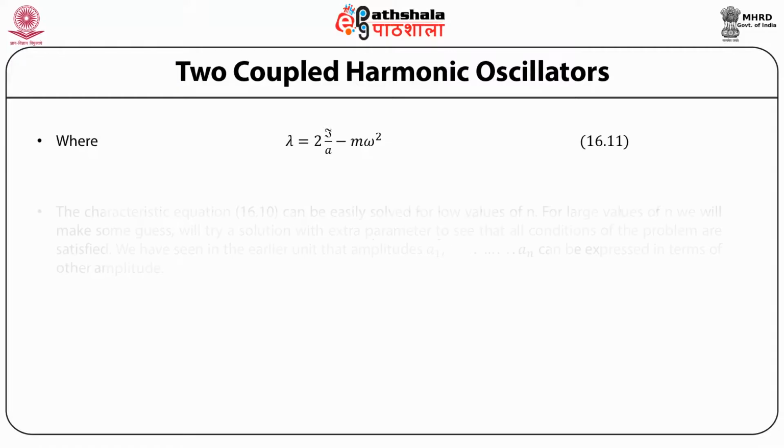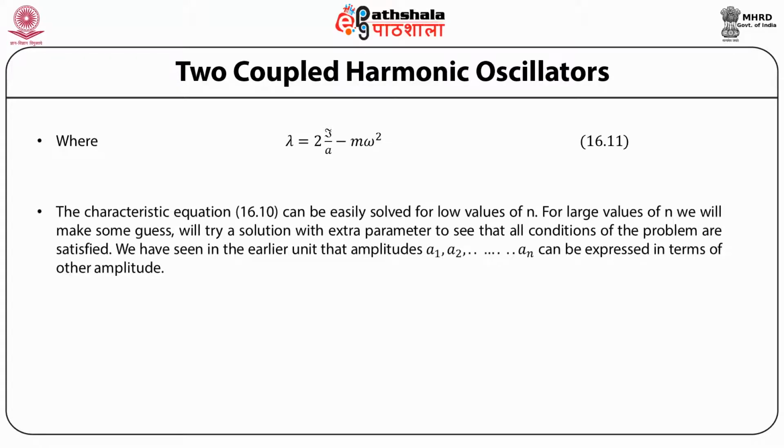Now, this characteristic equation 16.10 could be easily solved if n were 1, 2, 3, 4, etc., for low values of n. For large values of n, the solution will be very difficult, as it is a polynomial equation of degree n. So we'll try to make some guesses.